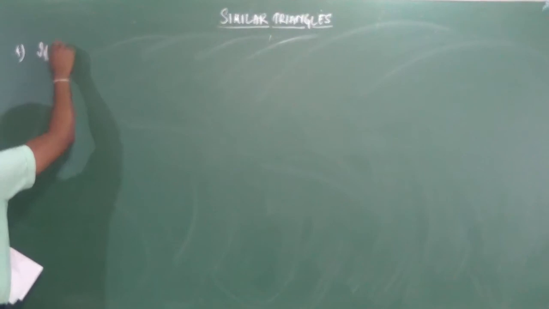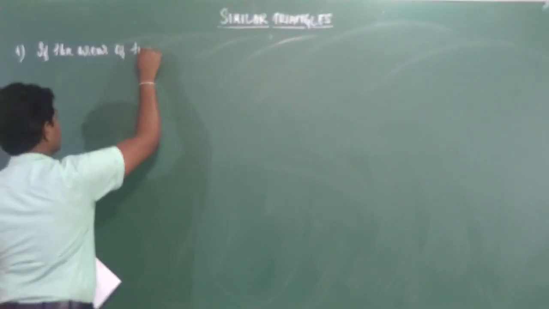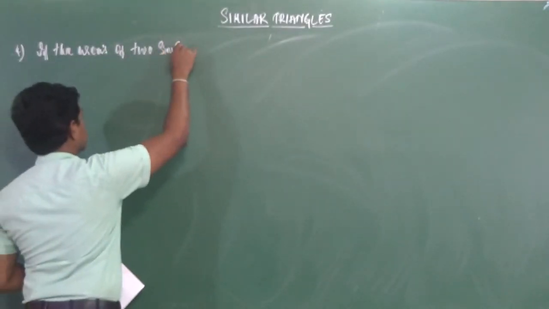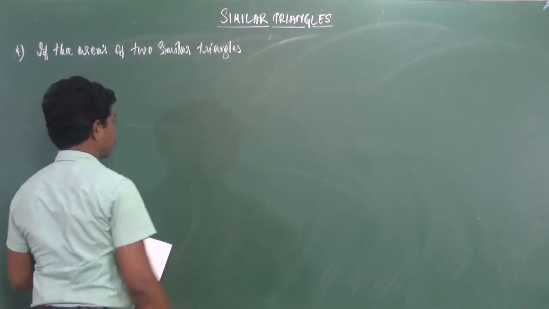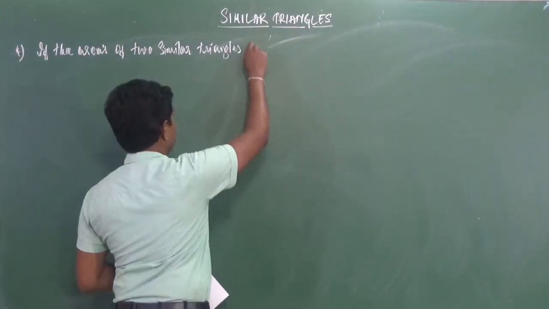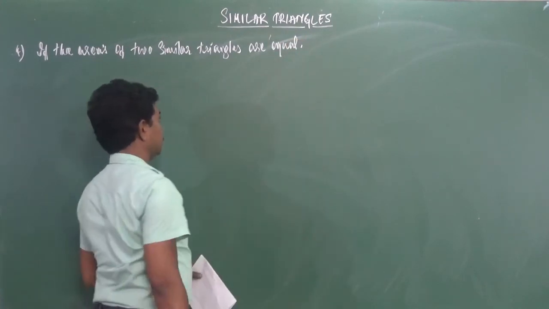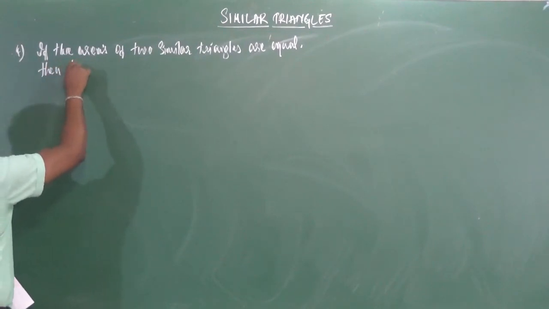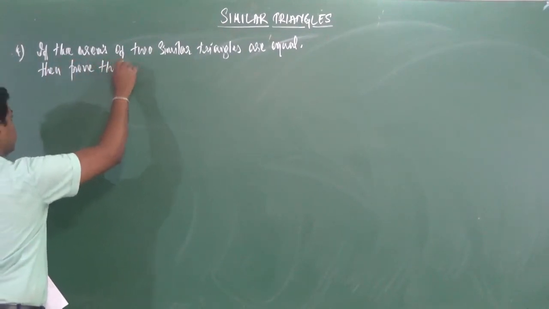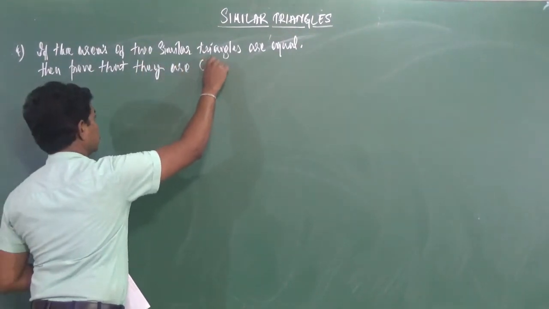If the areas of two similar triangles are equal, then prove that they are congruent.